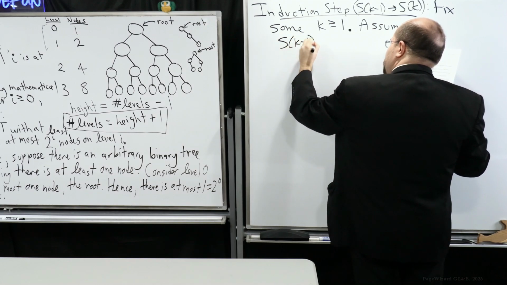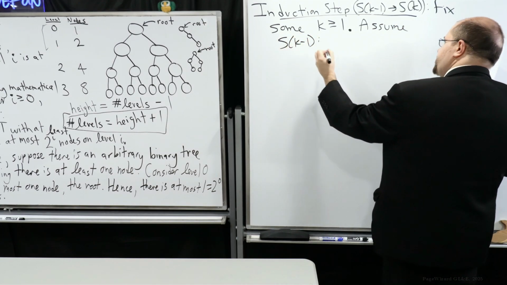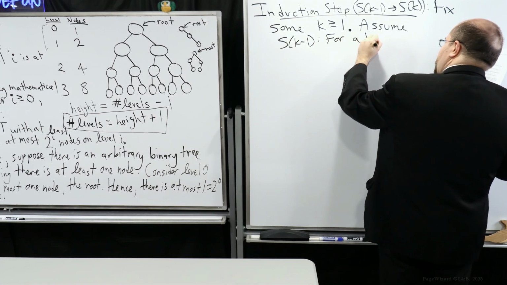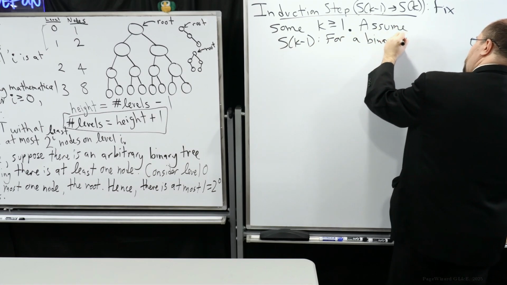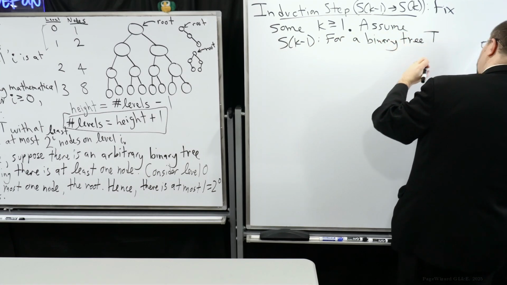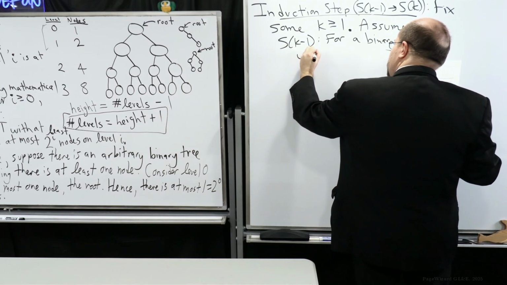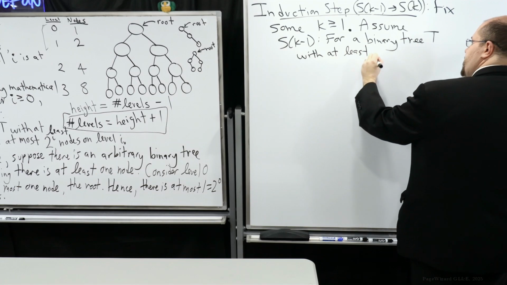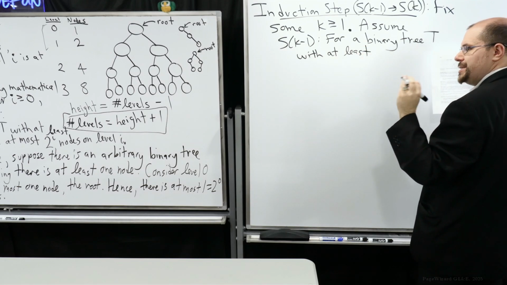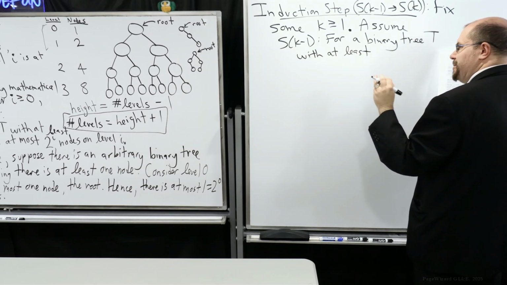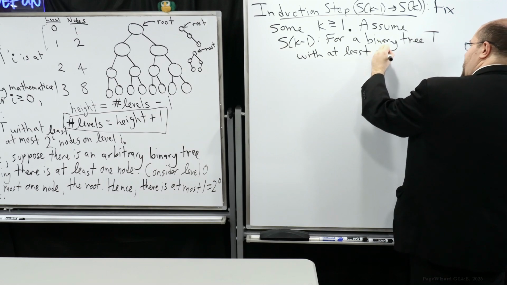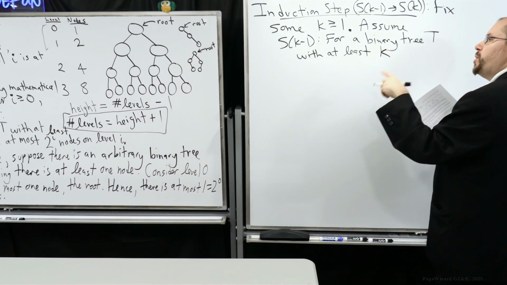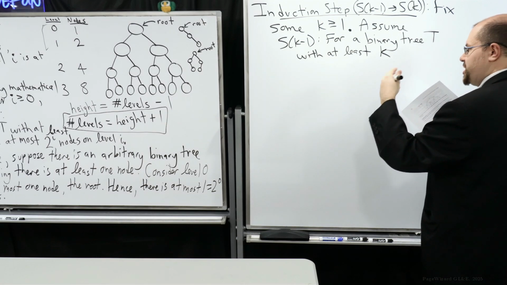We're going to assume S of k minus 1. So I'm going to just say what that is. For a binary tree T with at least, remember it was i plus 1, right? Now I'm going to do 1 less, so it's actually going to end up being k itself, because it would be k minus 1 plus 1, which is just k.